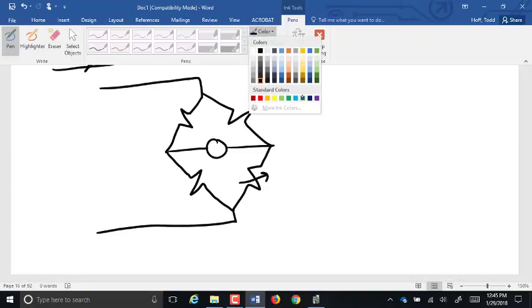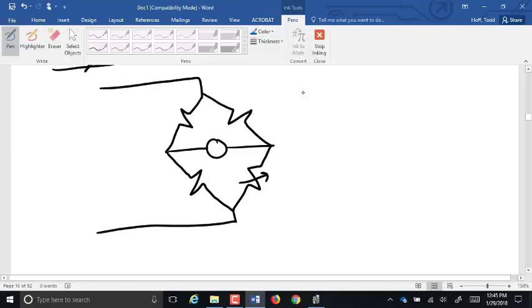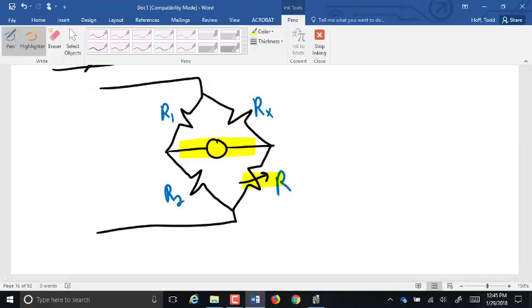What a bridge does, depending on the resistances in these four resistors, is cause current to flow either direction across this center part of the bridge. It's a way of controlling it with a variable resistor. Of course, this is a variable resistor. It's a way of controlling the current flow and being able to make it go either direction.